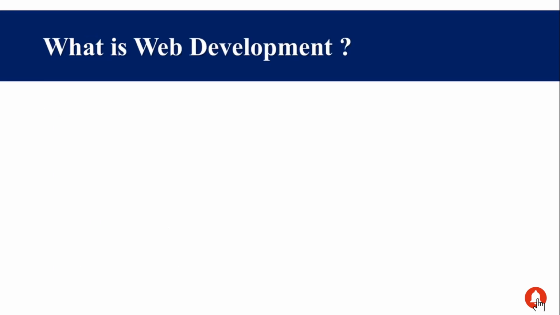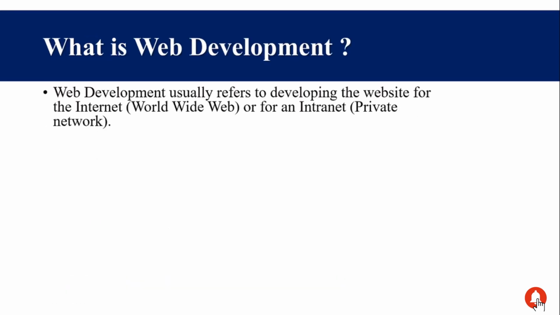What is web development? In simple definition, web development usually refers to developing a website for the internet, which is the www or the World Wide Web, or for an intranet.